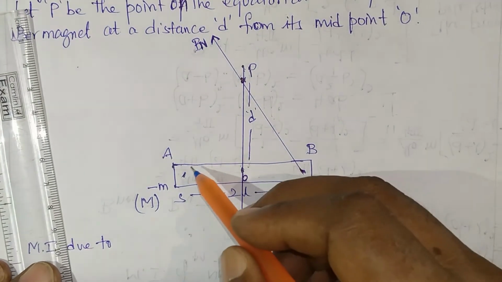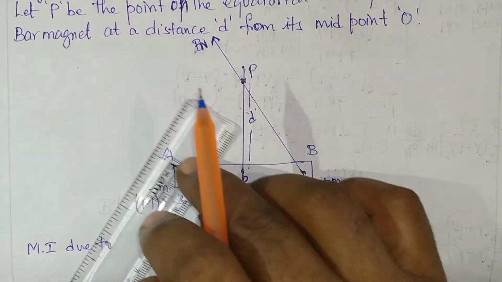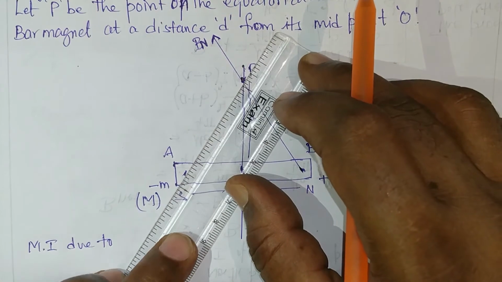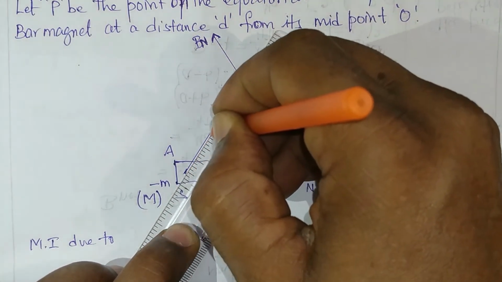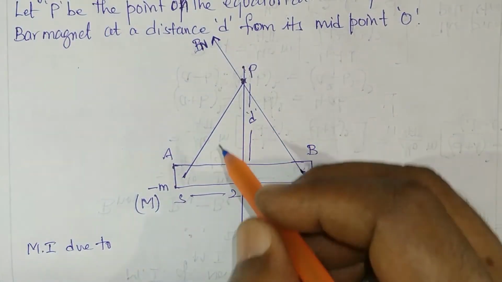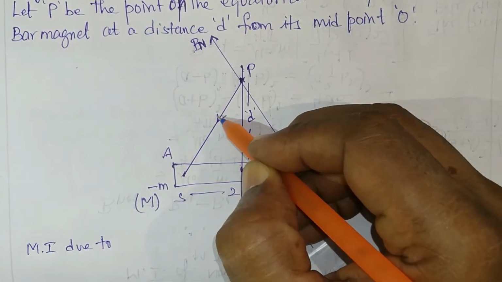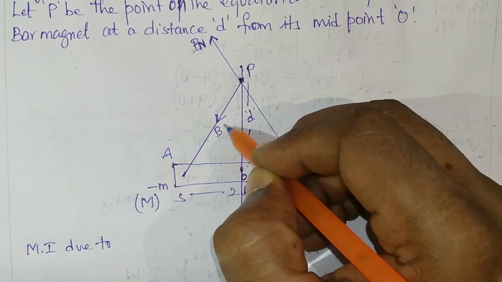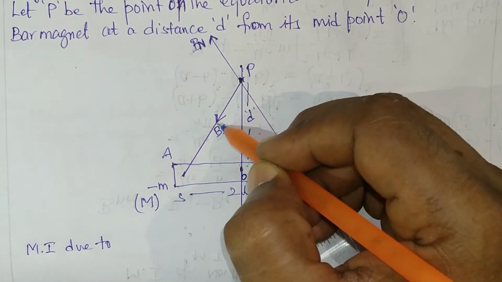Now what will be the direction of induction of this south pole at this point P? Here the direction of induction of this south pole will be towards the south pole. So the magnetic induction of the south pole will be in this direction.